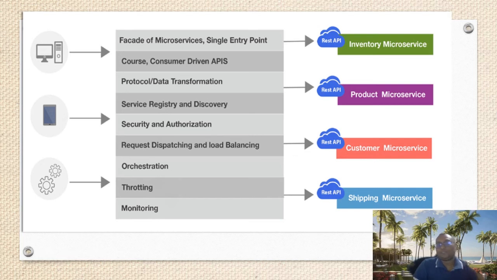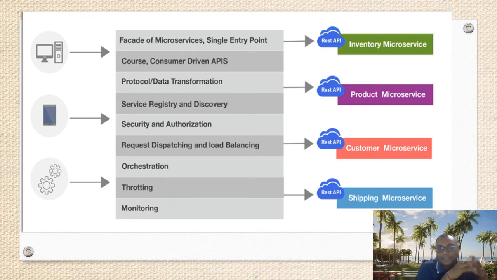The diagram shows how the gateway typically fits into the overall microservice architecture. We can see that many types of clients, like desktop, mobile, or any other API, are hitting our microservices.